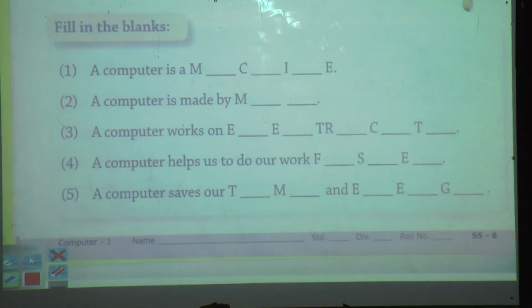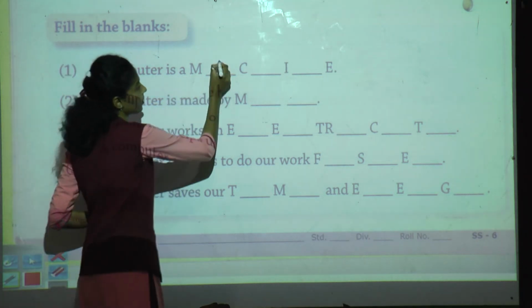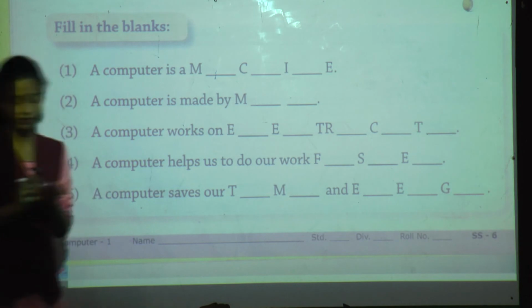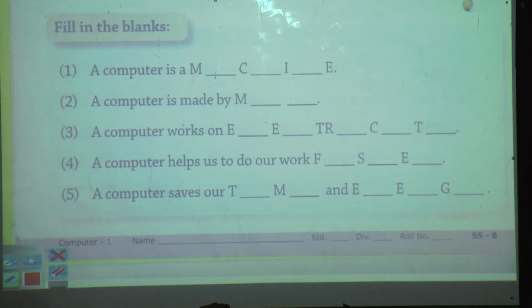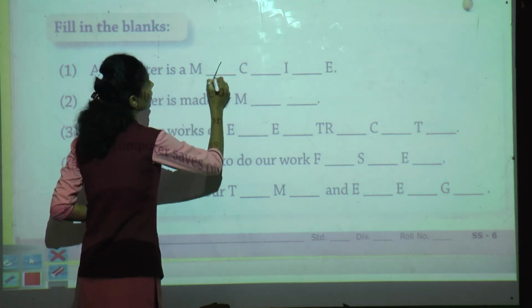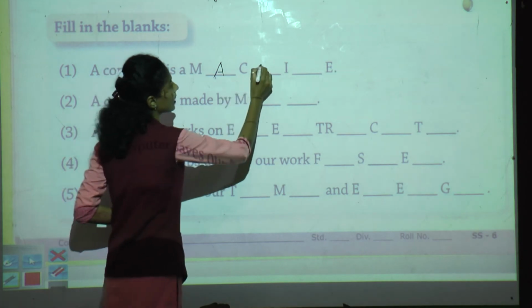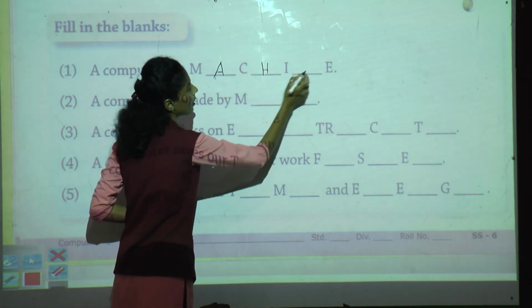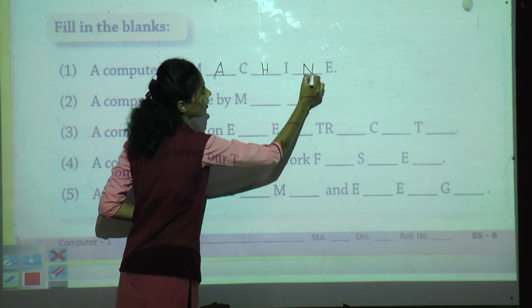Now next is fill in the blanks. A computer is a what? A computer is a machine, right? What is the spelling of machine? M is given, then what will come? M-A-C-H-I-N-E.